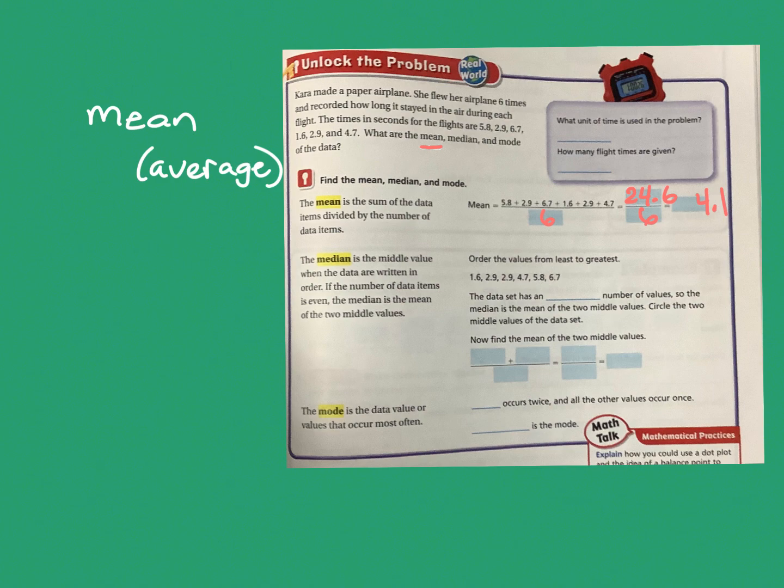So another way to get a measure of center is the median. Now, before we even read that, I want you to think about driving down a freeway. There's one side of traffic going one direction, and then there's a concrete barrier, and then there's another set of traffic going the opposite direction.